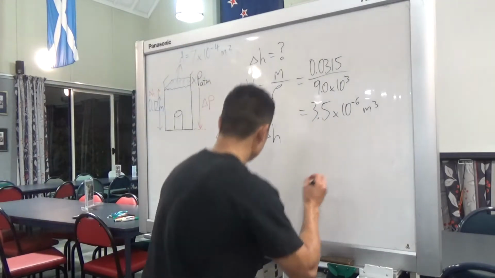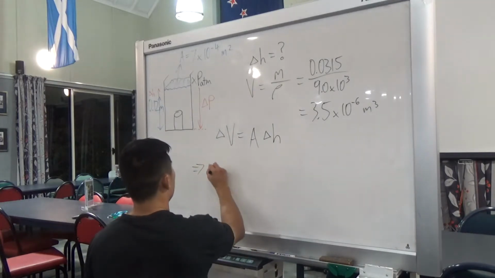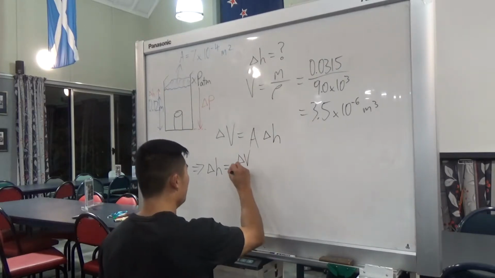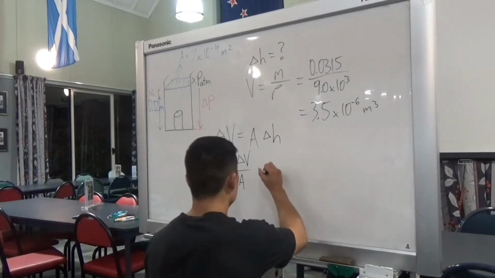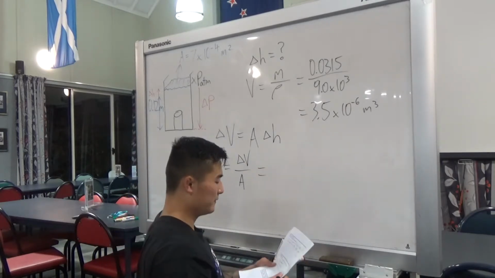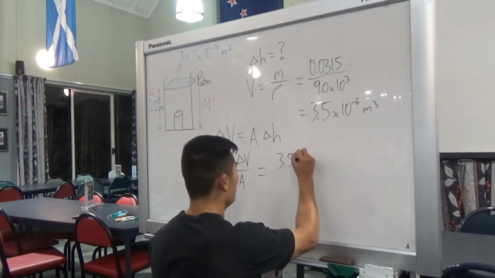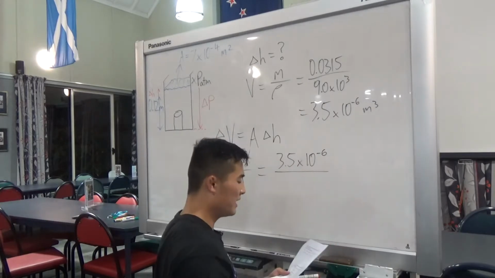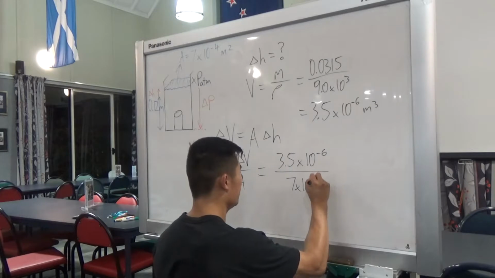So we'll just rearrange this equation for delta H. So change in height is equal to change in volume divided by the area, cross-sectional area. So that's 3.5 times 10 to the negative 6 divided by 7 times 10 to the negative 4.